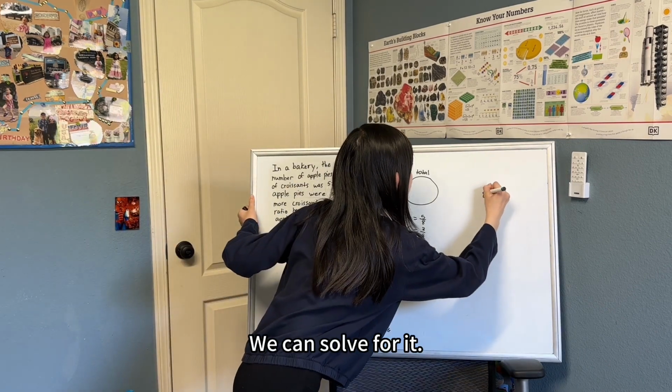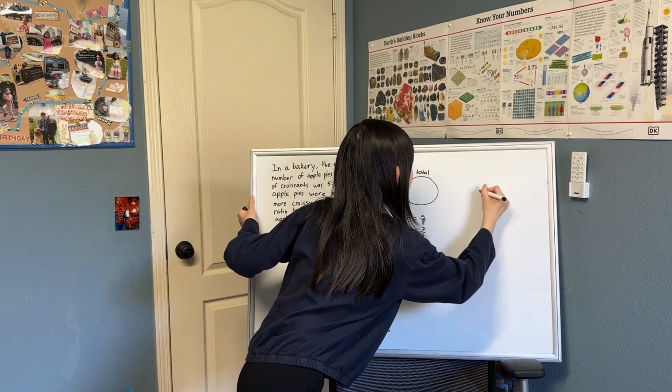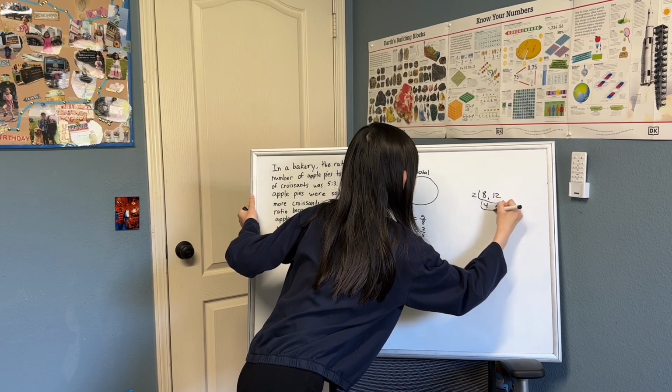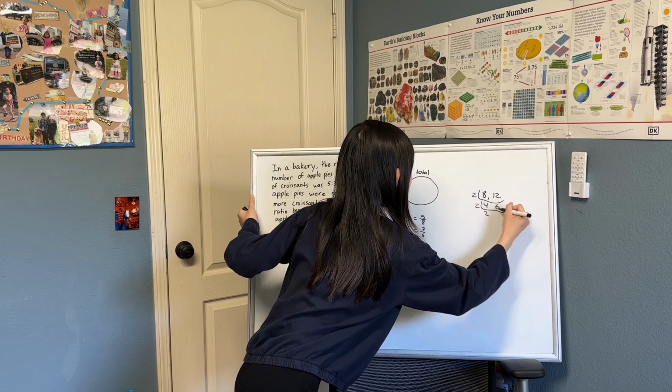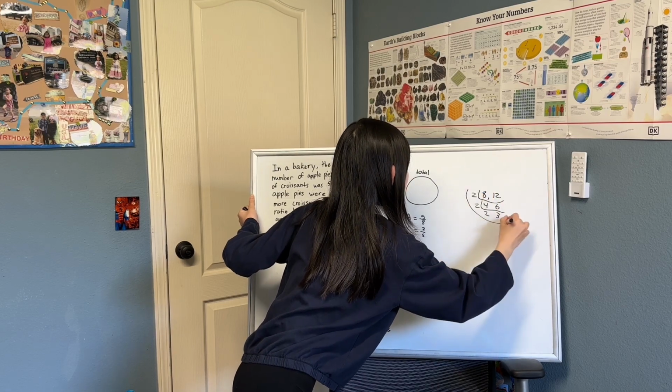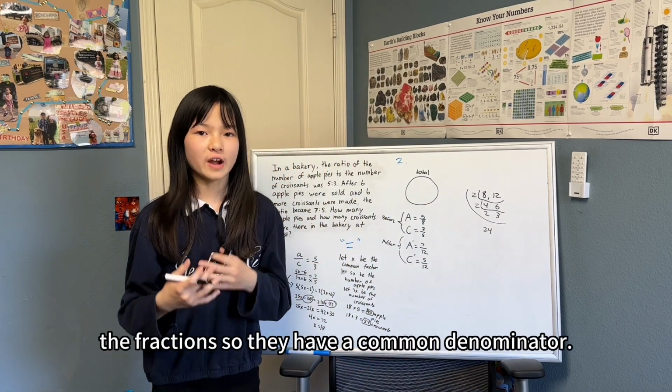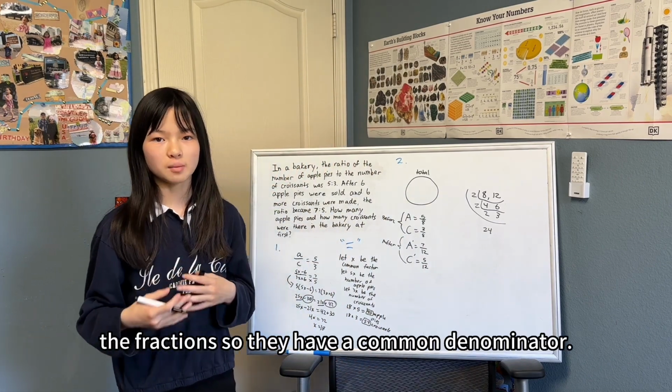We can solve for it. We can see that it is 24. We can now change the fractions so they have a common denominator.